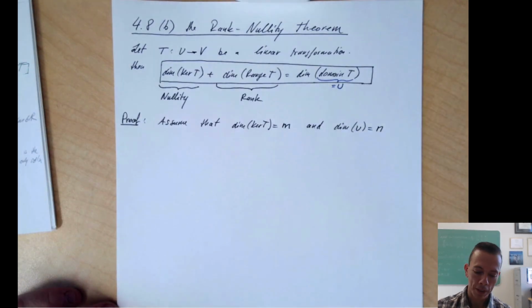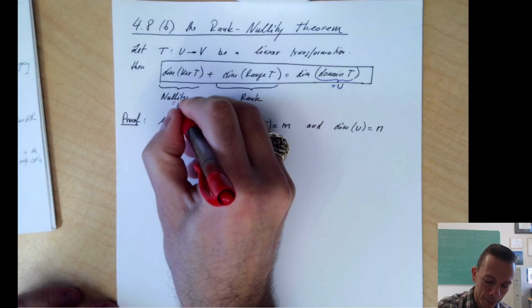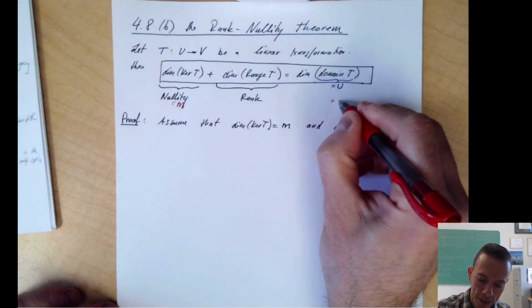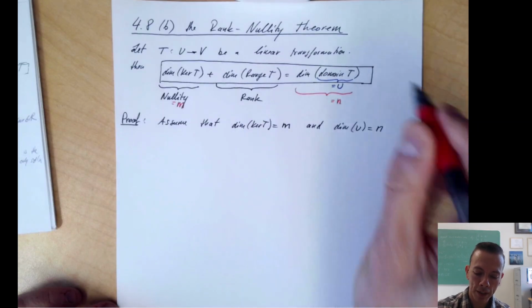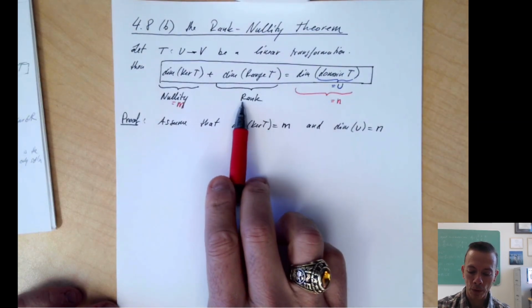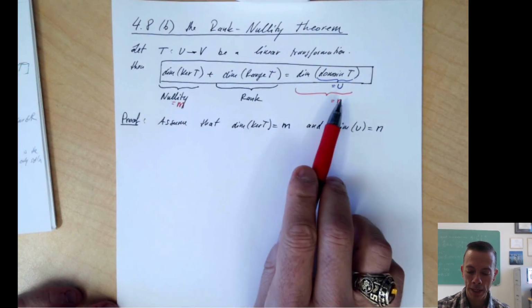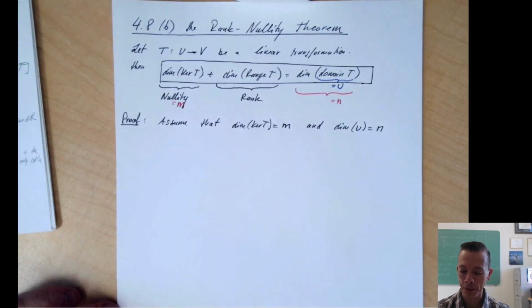So we're assuming that the dimension of the kernel is m, the dimension of the domain is n, and we want to prove that the rank is n minus m, which will prove the theorem.